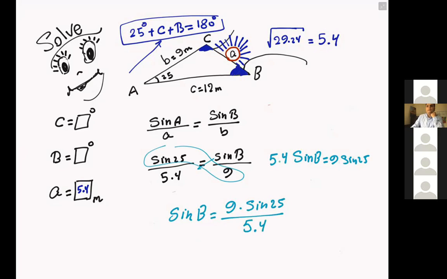So what is B here? How do we solve for B?